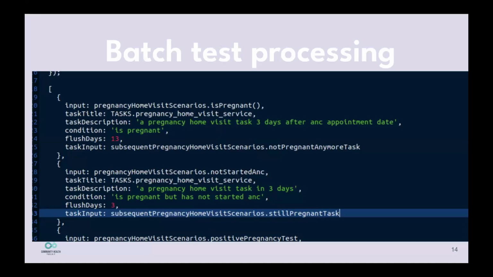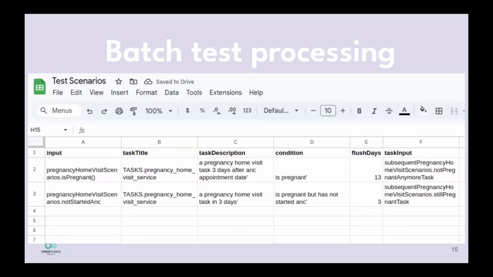A better way to structure the way tests are run is to use a more human-oriented approach. So having test scenarios laid out within a spreadsheet such that they can be populated by non-technical team members, and then they can be run at periodic intervals of time.